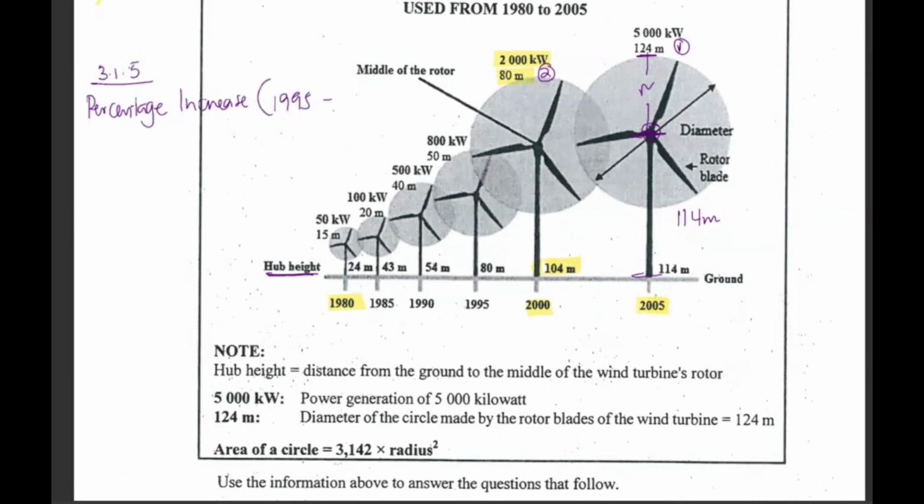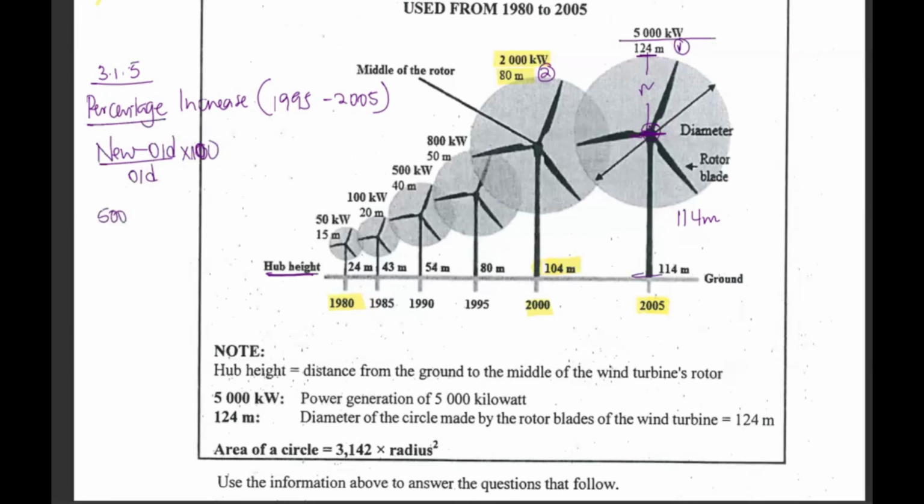1995 to 2005. So when you're looking for percentage increase, we shall always say new minus the old value, divided by the old value, times 100, because we're looking at percentage. That's why we multiply by 100. The new value will be the 2005 power, because the increase in power generation is what we are looking at. In 2005, the power generation is 5,000.